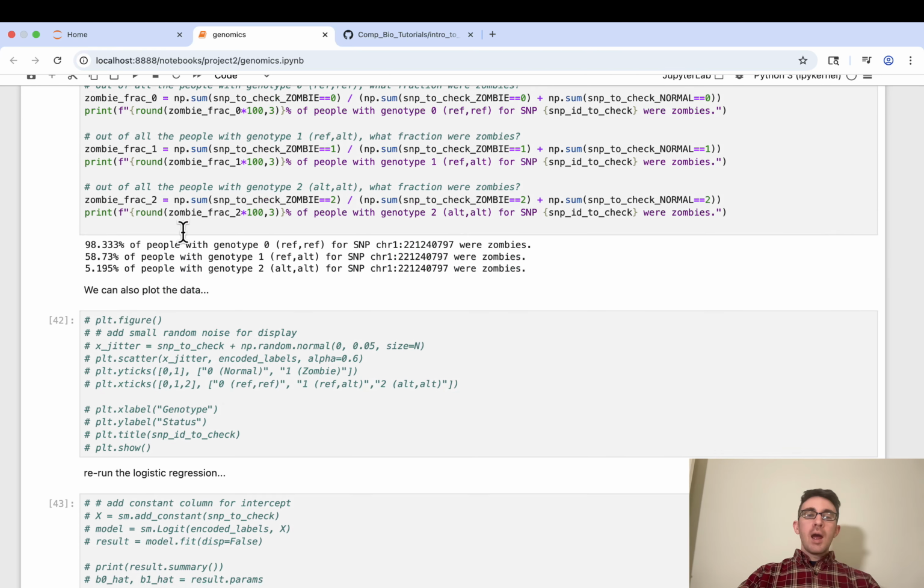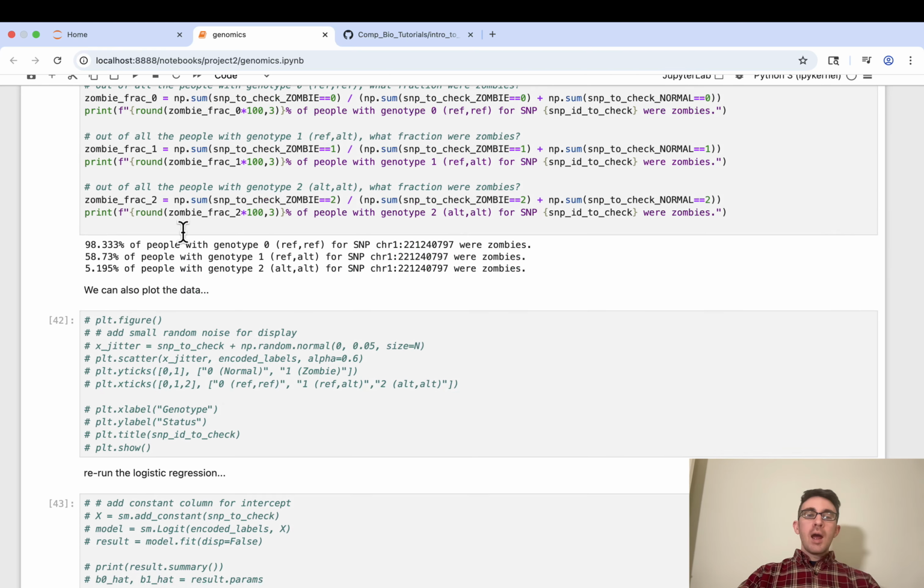And then another thing we can do is plot the data. This is similar to the plots that I was showing you guys way back in the early videos we did talking about the logistic regression method.